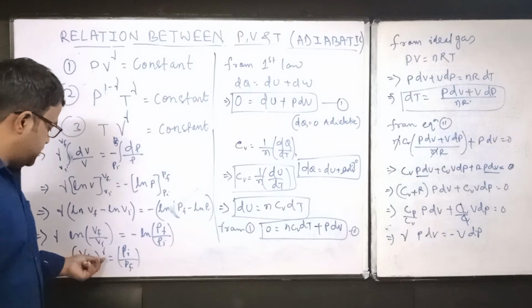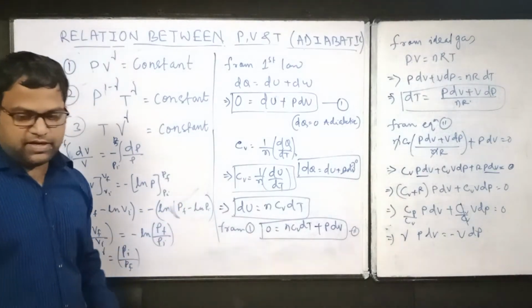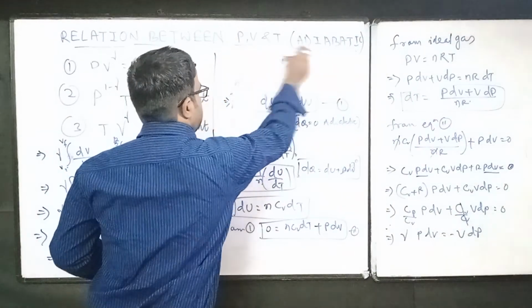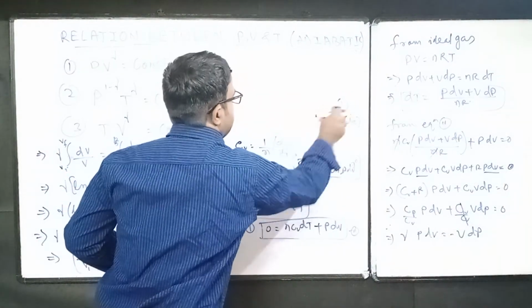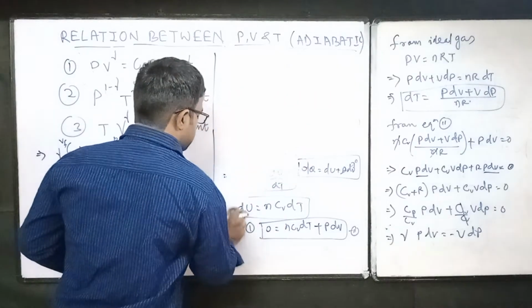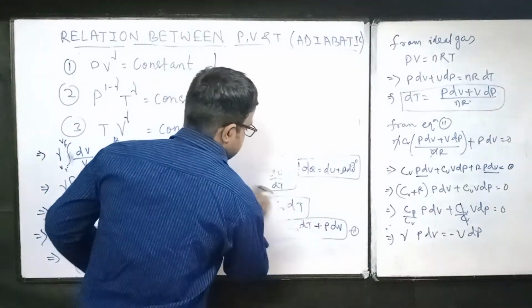You can do that. So now I'll cross multiply and I'll get my final equation. Just a little bit of rearrangement and we'll get the final result.